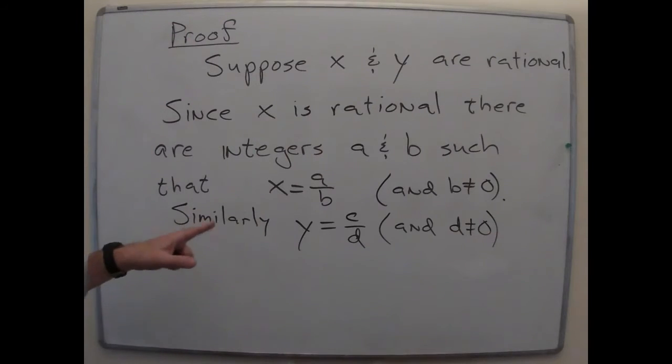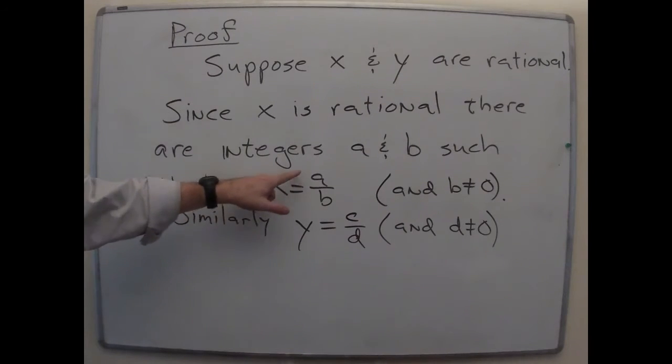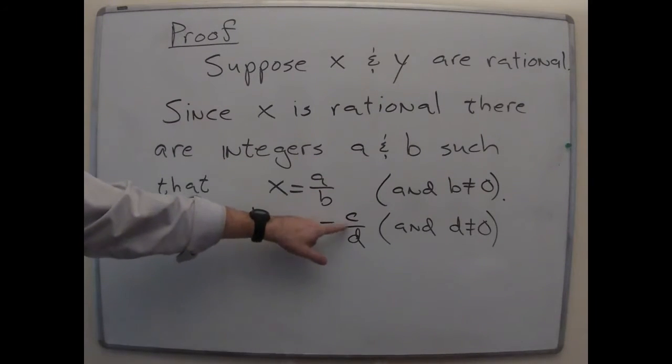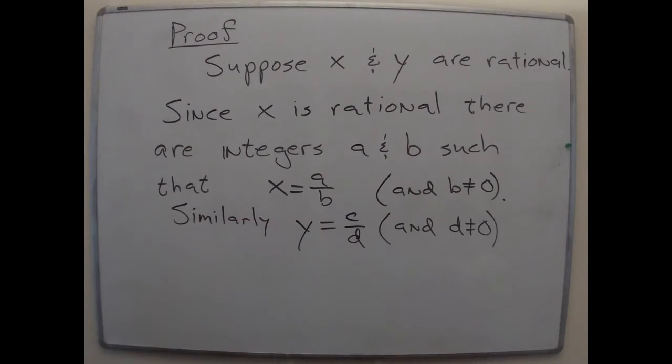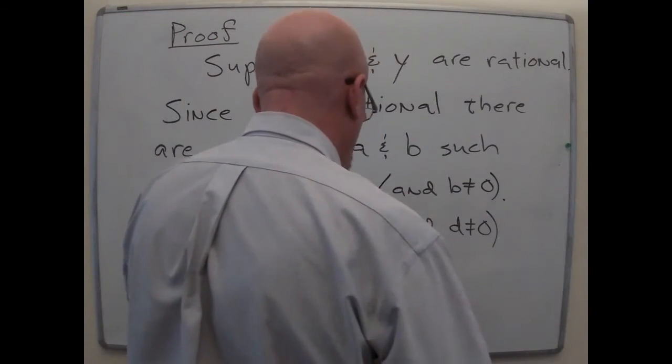I've left something out here, but I think a reasonable person would interpret it this way. When I say similarly, and this was saying there were integers a and b, do you get the sense that c and d should be treated as integers? Look, if that's an issue, let's be more clear about it then.